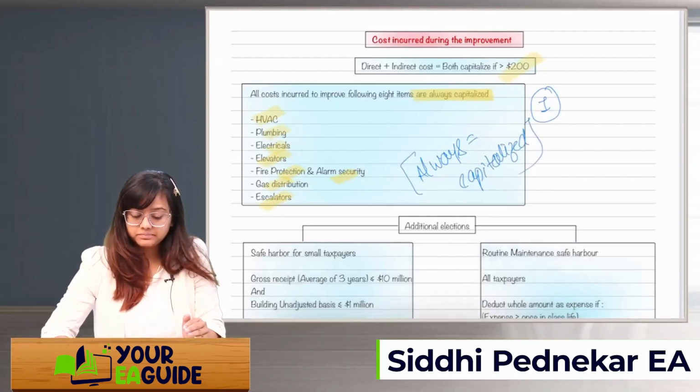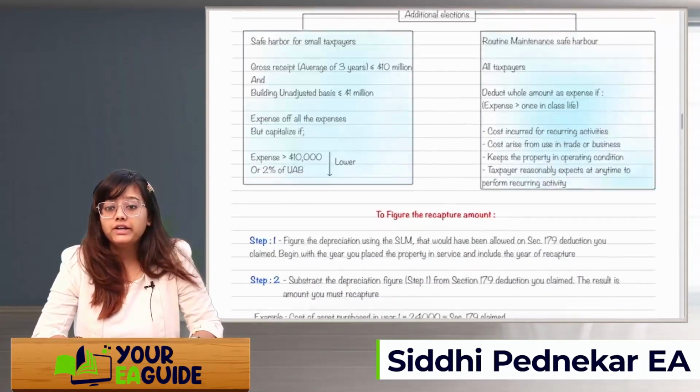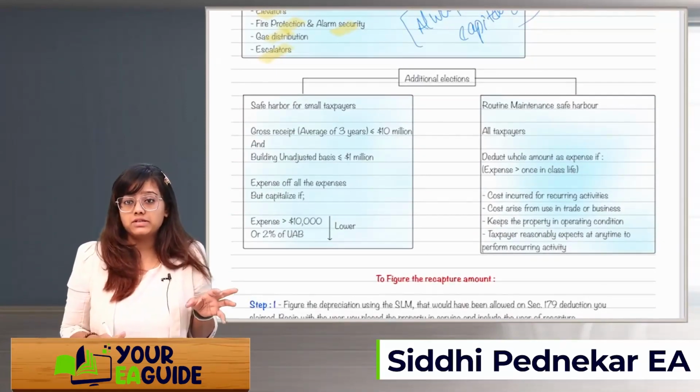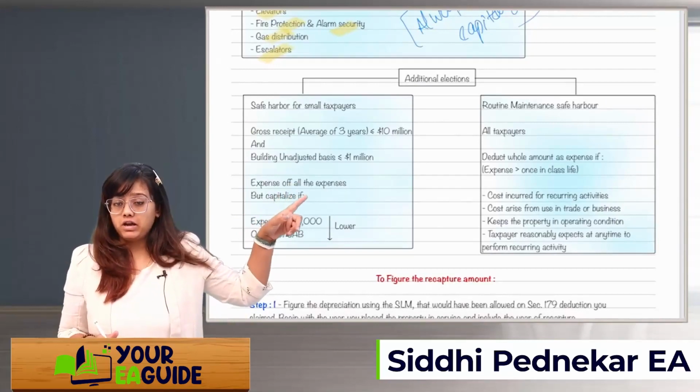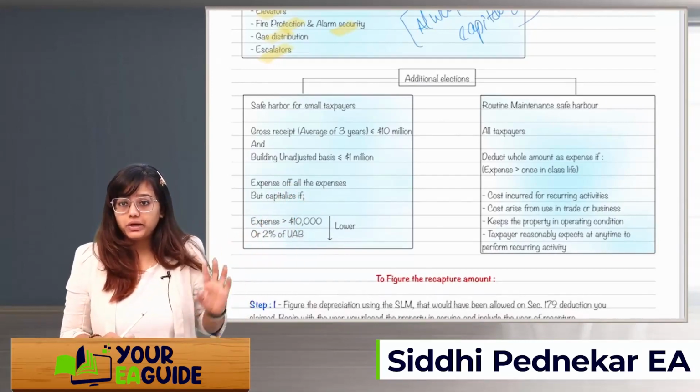All right. Next is additional elections. What are the additional elections you can make? Safe harbor for small taxpayers and routine maintenance safe harbor. First I'll talk about routine maintenance.